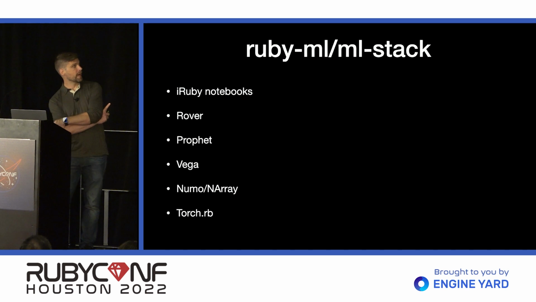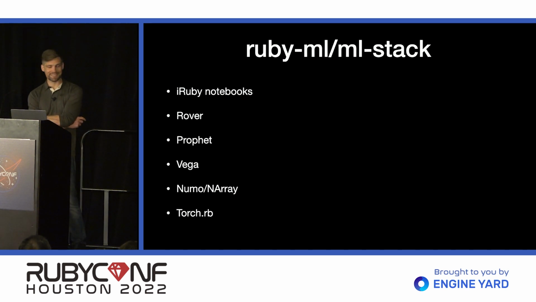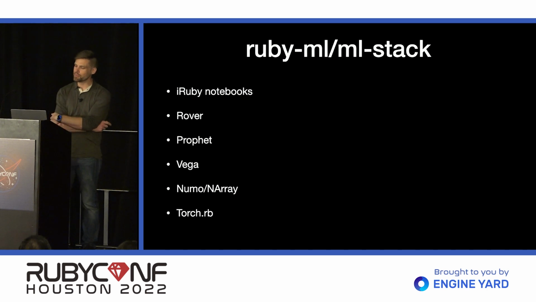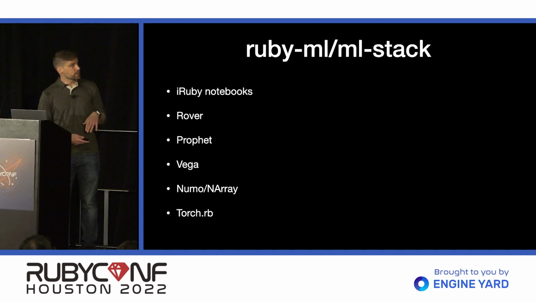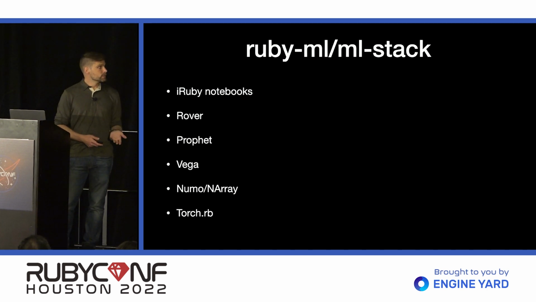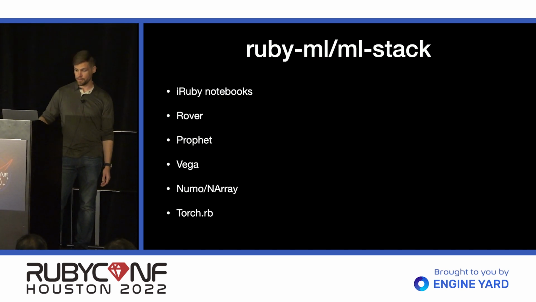Numo and NArray is the Ruby version of NumPy. Again, NumPy is a fundamental n-dimensional array manipulation library that is crucial for a lot of matrix manipulation procedures. This is written in Ruby with C++ as its backing, and it is very performant.